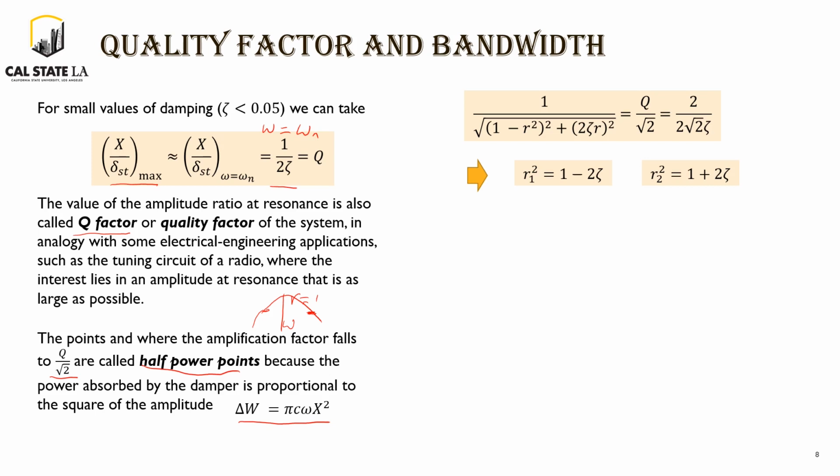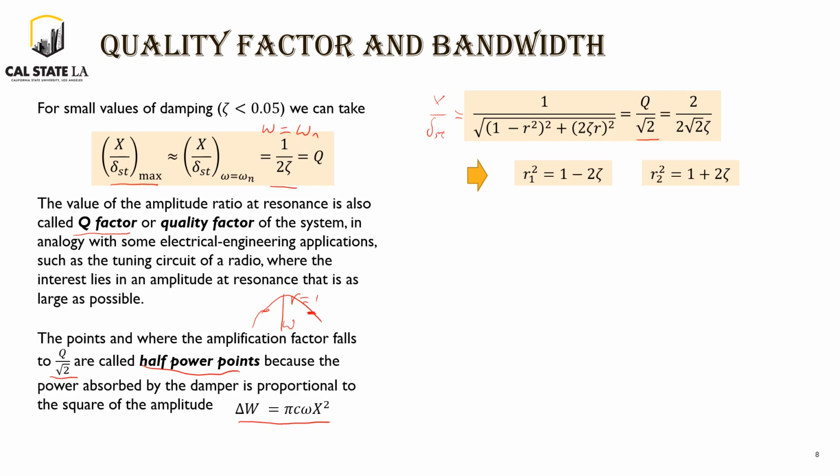To find the half power points, we just need to let the amplitude ratio x over delta st, equal to 1 over square root of (1 minus r squared) squared plus (2 zeta r) squared, be equal to the half power points, which have an amplitude ratio of Q over square root of 2.